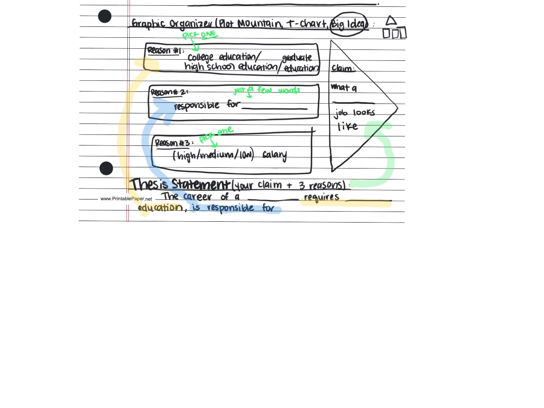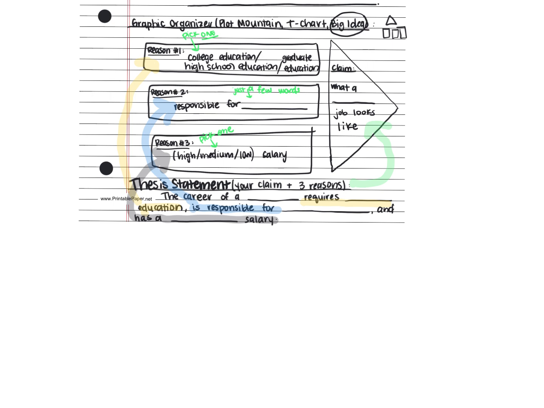Remember, just a few words. And has a what kind of salary? Which goes up to this point right here. So see how those all line up? That's the whole point of doing a graphic organizer, is to help you with your thesis statement.